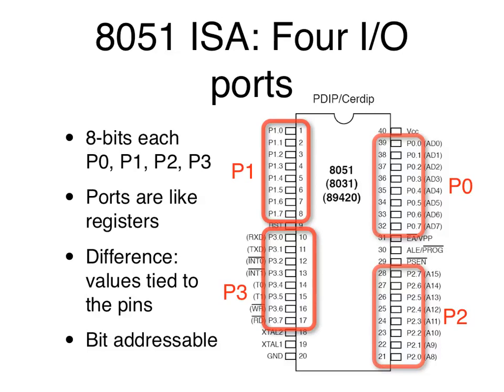Okay, and you take a look and wow, it has 4 ports: P0, P1, P2, P3. And they take up 32 out of 40 pins. Wow, that's a lot, right? Like the overwhelming majority of the pins are used for general purpose I/O.